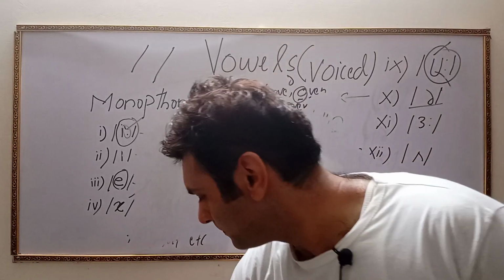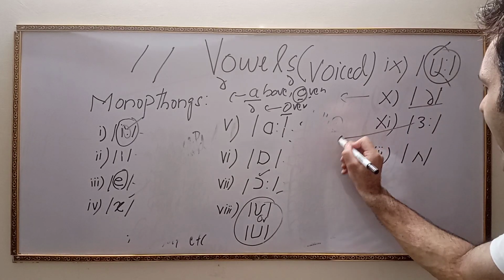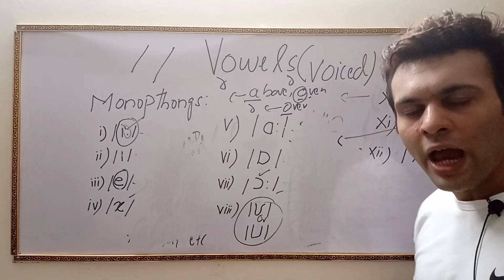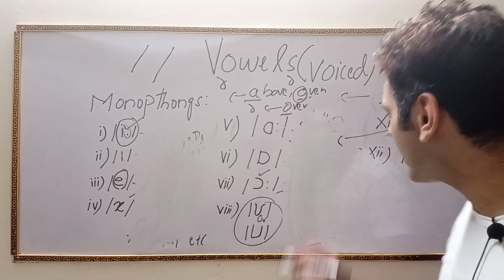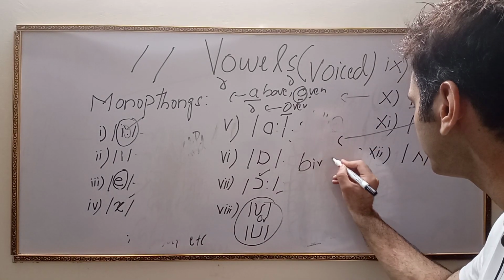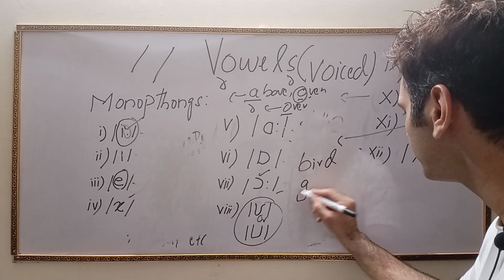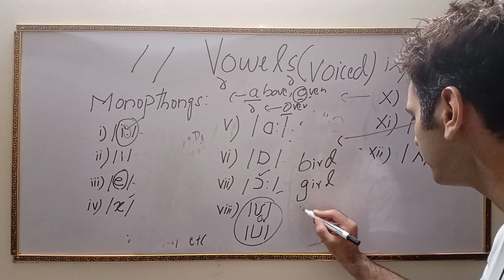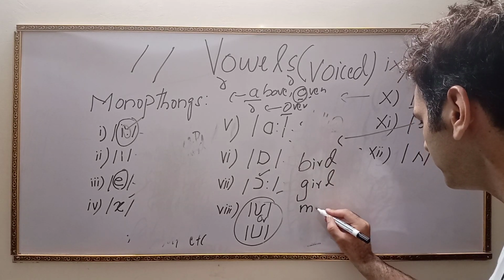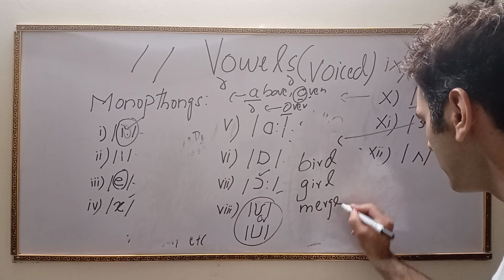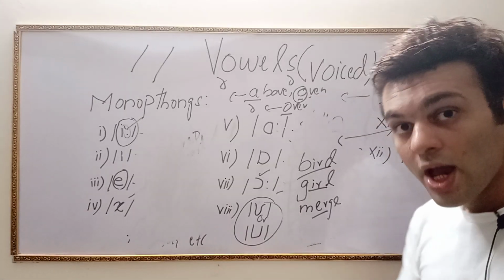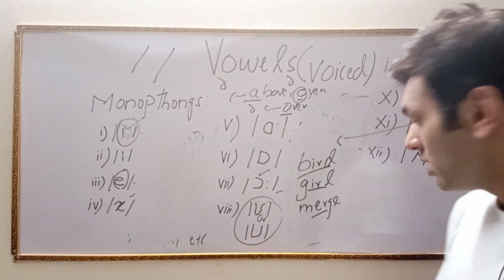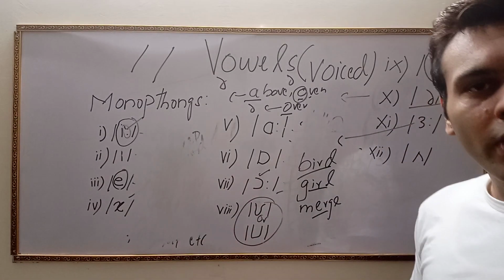This sound. This one again is a long vowel, and we can understand this sound in few examples like bird, girl, merge.